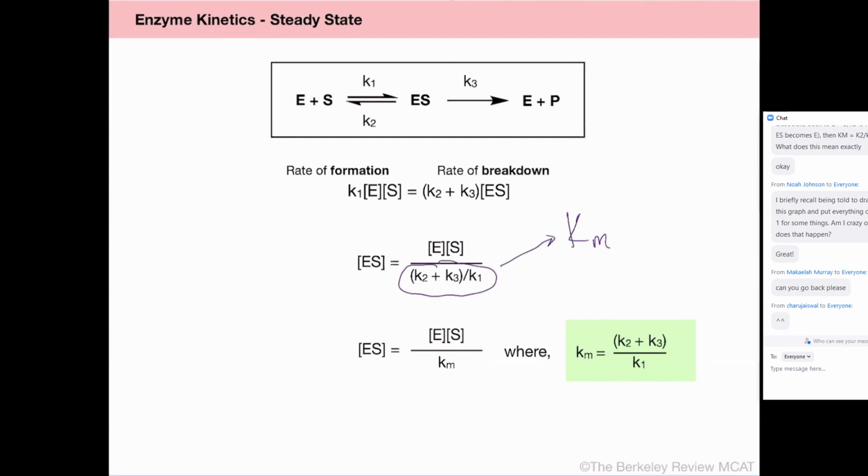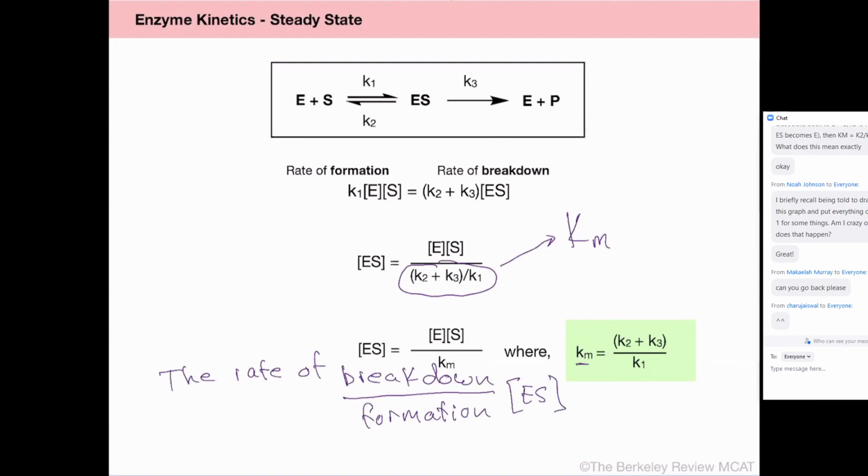What is this really saying? If Km is equal to k2 plus k3 over k1, a good way of thinking about this is essentially the rate of breakdown of ES over formation. This is called the Michaelis-Menten constant, Km.